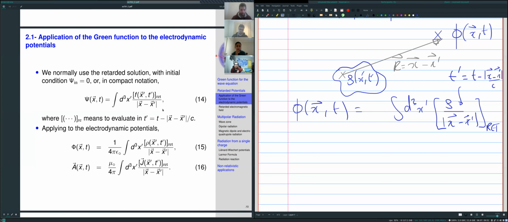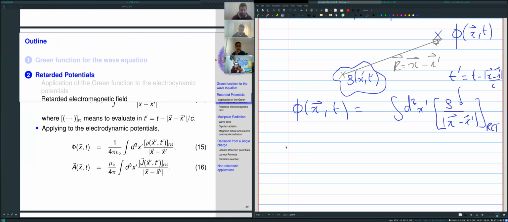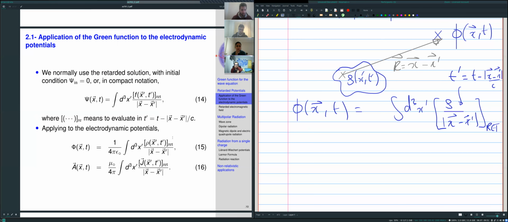Okay, so basically this notation, which is what I've just written here too, means to evaluate the sources at this t' time given by this relation. It depends then on the point in space where we're integrating. Okay, so we apply this generic formula to the electric potential and the vector potential.